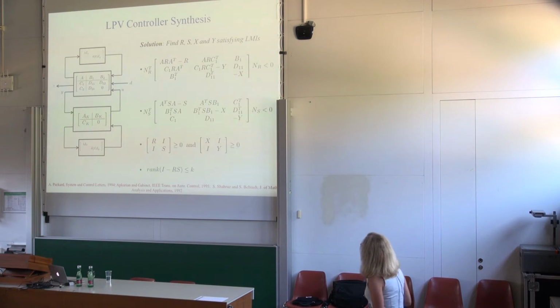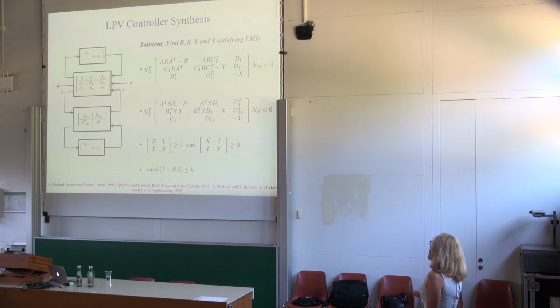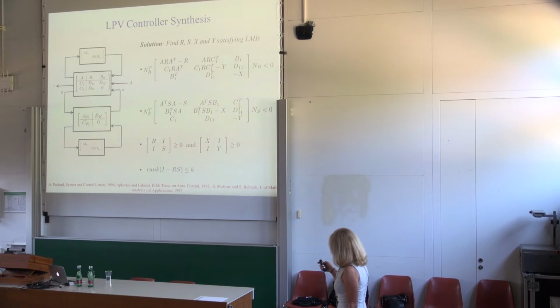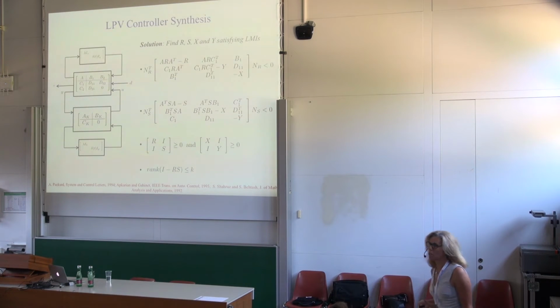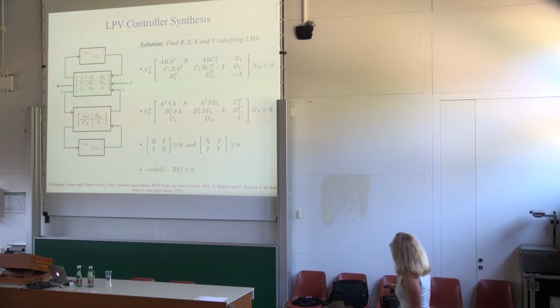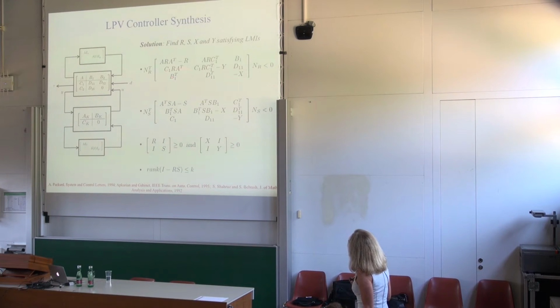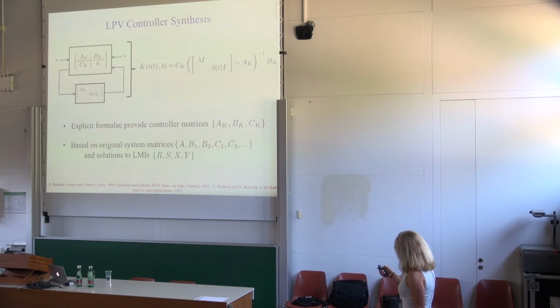That meets our performance criteria, and there are in fact software algorithms to help us do this, and they essentially rely on solving this set of coupled LMIs. And as I said, I'm not going to go through the details, but our plant data is in the A's, B's, and C's in these matrices, and what we're looking for are solutions to these LMIs, the R, S, X, and Y matrices. And that will give us a controller K of delta and lambda.